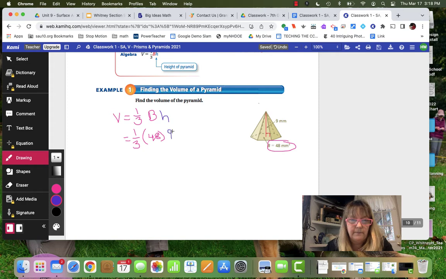So that's 9. When I multiply all of this out, I took the 1/3 and multiplied that times 9 and got 3. So I just had to multiply 3 times 48, which would equal 144 millimeters cubed.